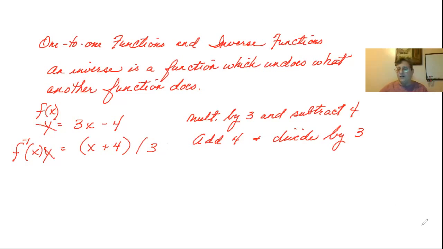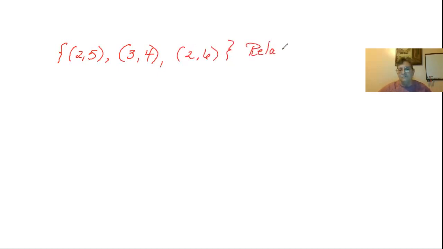Now, you know, I hope, the definition of a function: anything that creates a set of points is a relation. So if I had (2, 5), (3, 4), (2, 6), this is a relation. Anything that creates a set of points in math is a relation.